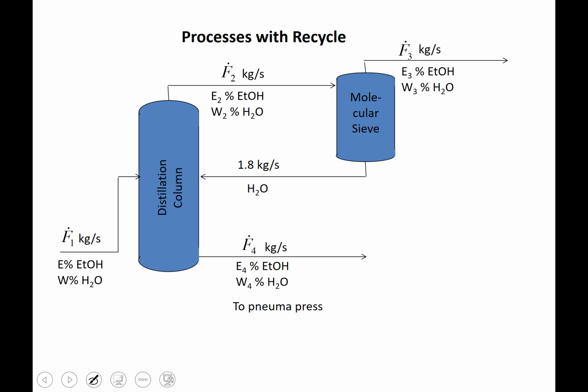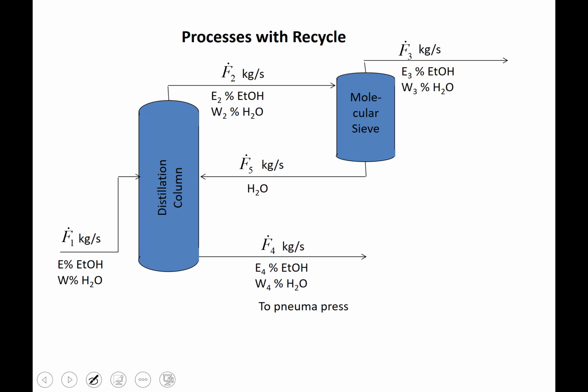The next thing we need to look at is recycle. Recycle is dealt with exactly the same way we deal with systems that don't have recycle. We simply have to pay attention to the direction of the arrows going into or out of the boxes that we choose.